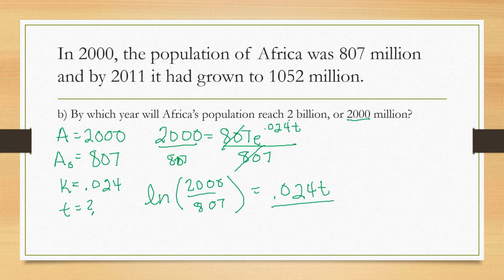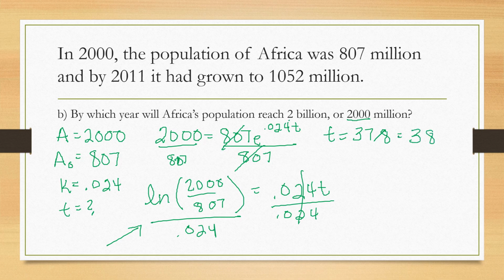So to find t, we're going to divide by 0.024 on both sides of the equation. And that cancels those out. When we put this into the calculator, we're going to find that t is 37.8. Well, let's just round it to the nearest year, 38.